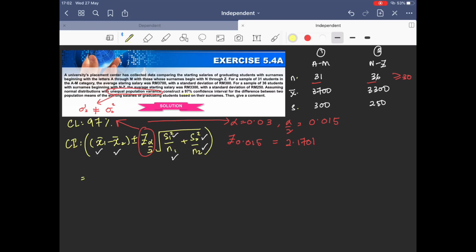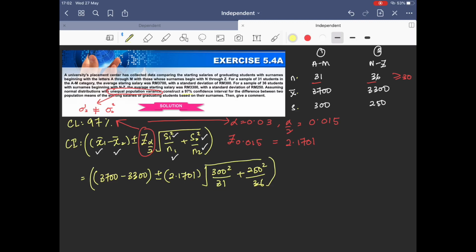X bar 1, 3700 minus x bar 2, 3300 plus minus z alpha over 2, 2.1701, times the square root of s1, 300 square over 31 plus s2, 250 square over 36. And then press your calculator.